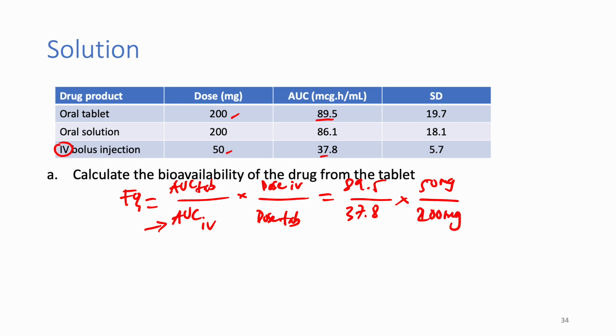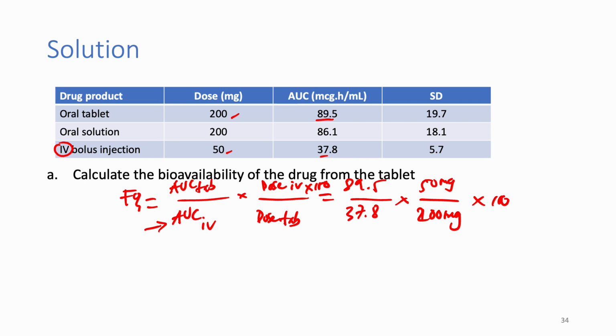Remember, because I calculate the percentage, I need to multiply by 100. If I don't multiply by 100, the value of F will be a fraction from 0 to 1. And if I calculate percentage, it will be from 0% to 100%.